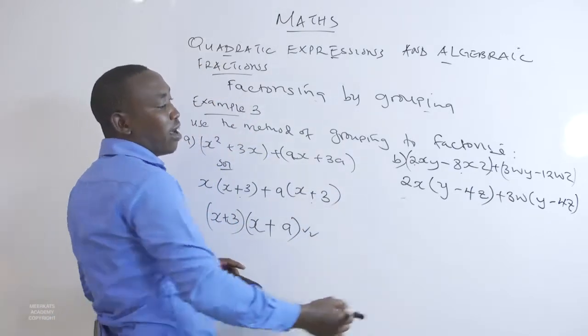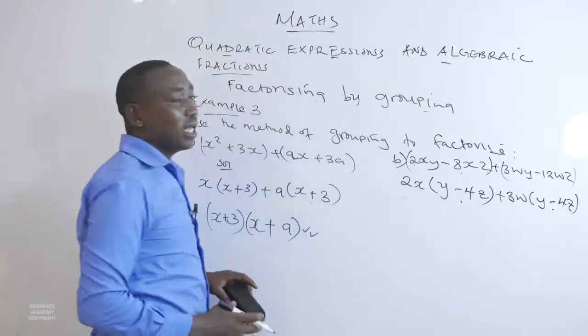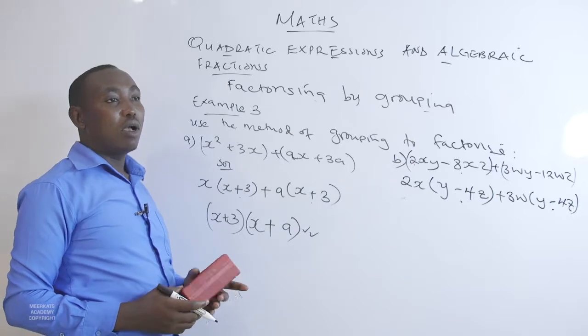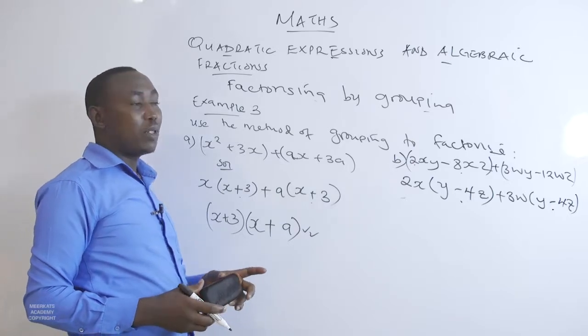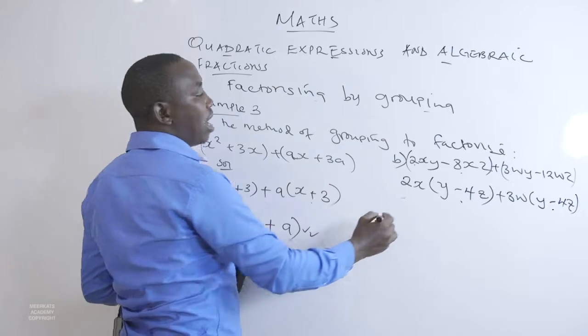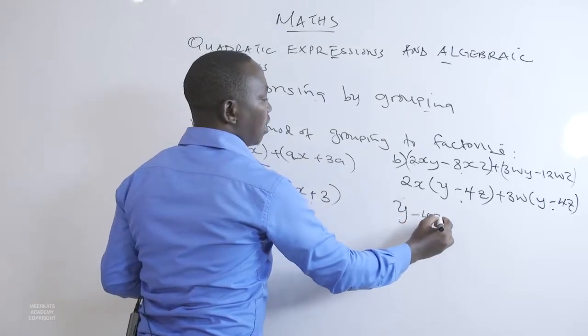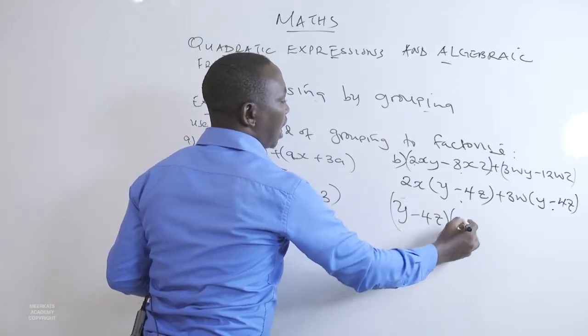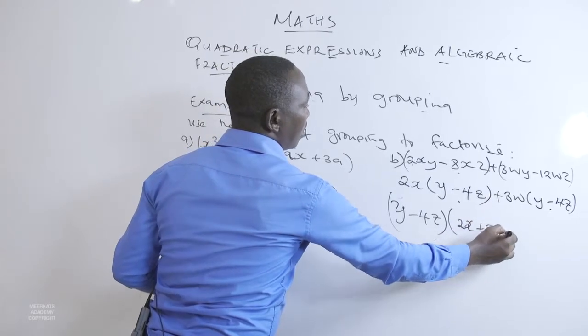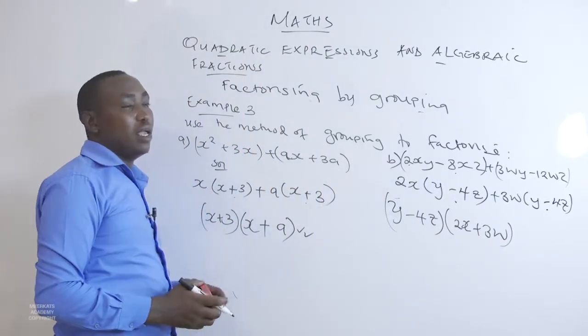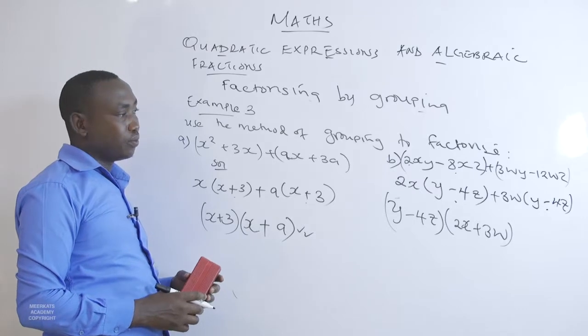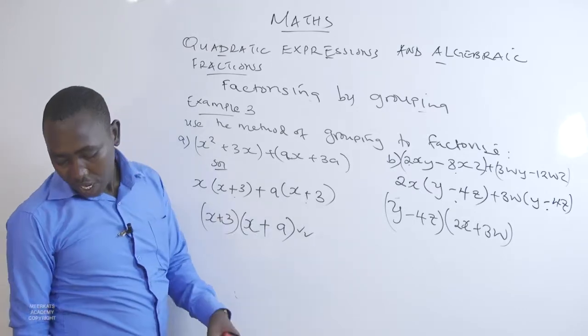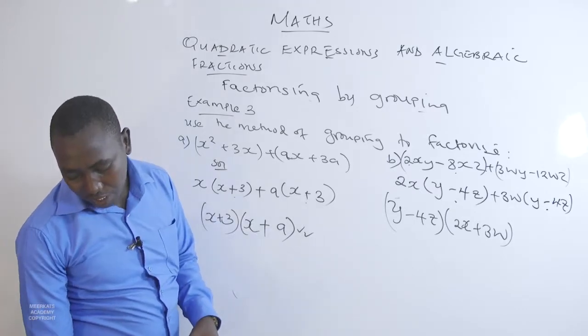And therefore you discover that whatever you have inside the brackets are the binomial common factors, which we can take out, and we shall have 2x plus 3w into y minus 4z. So that is how you can factorize by grouping.